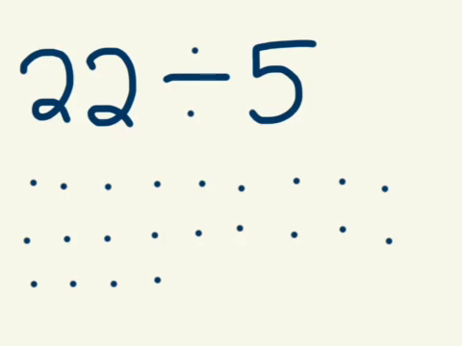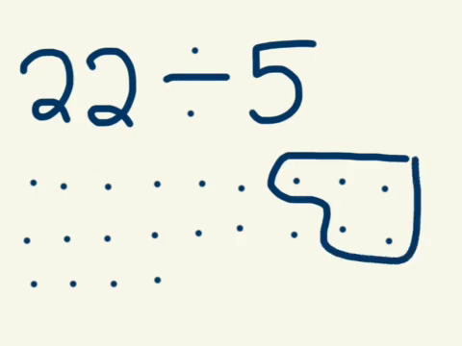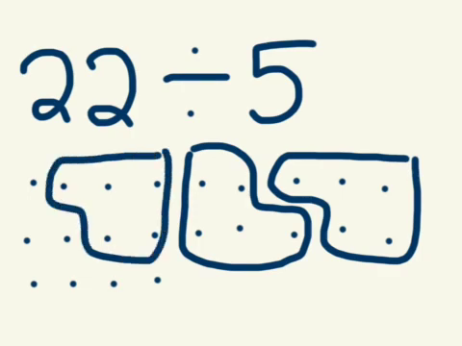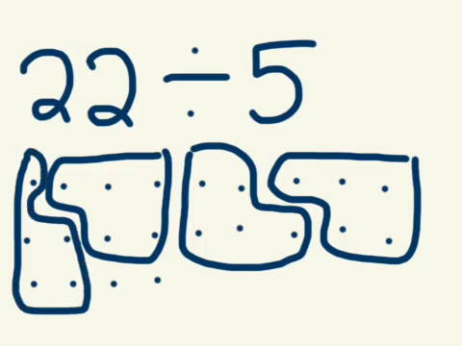I'm going to start by grouping them up. 1, 2, please group yours with me as you go. 3, 4, and can I make this last group of 5? No, I can't, because there's only 2 in that group. It wouldn't be a group of 5. So these last 2 here would be called the remainder.